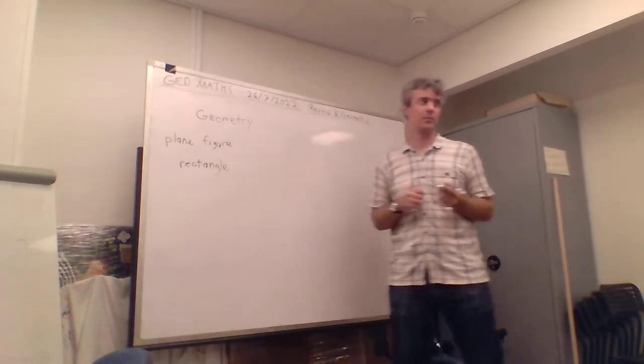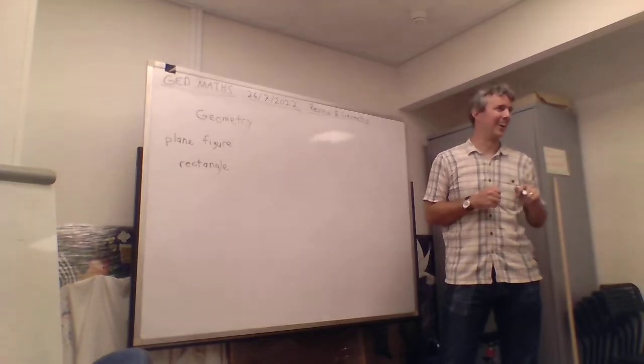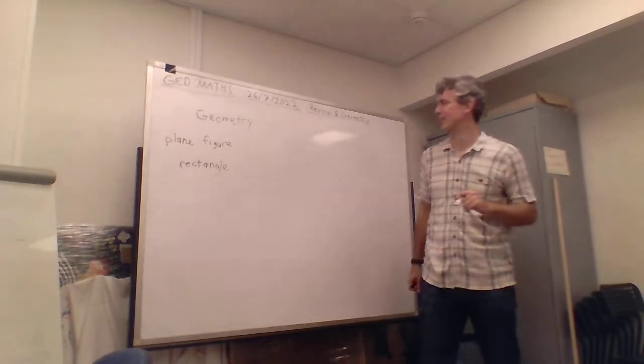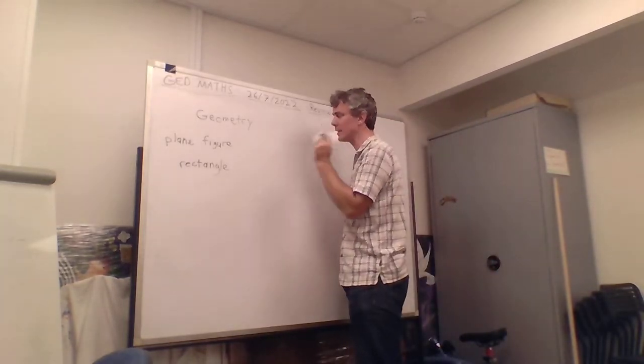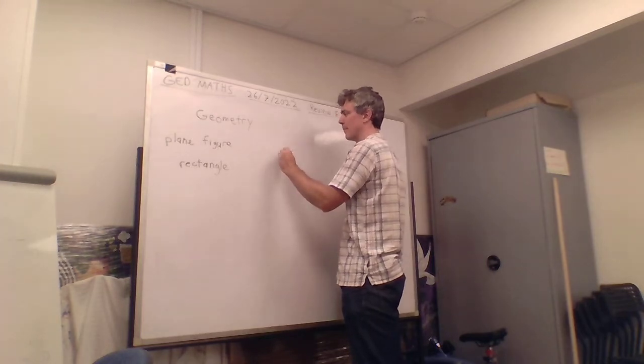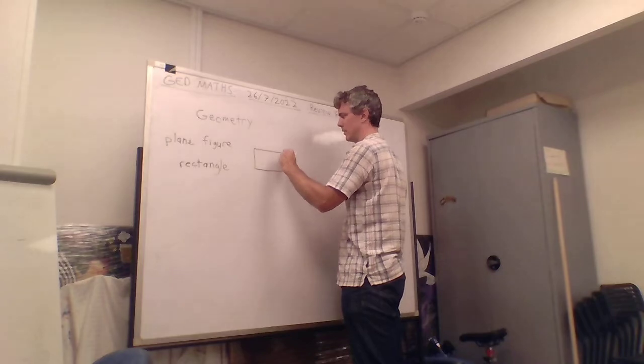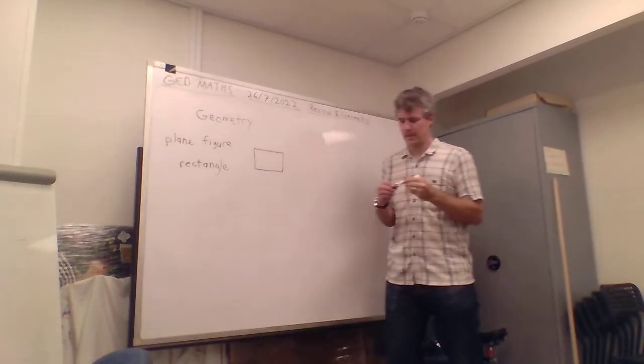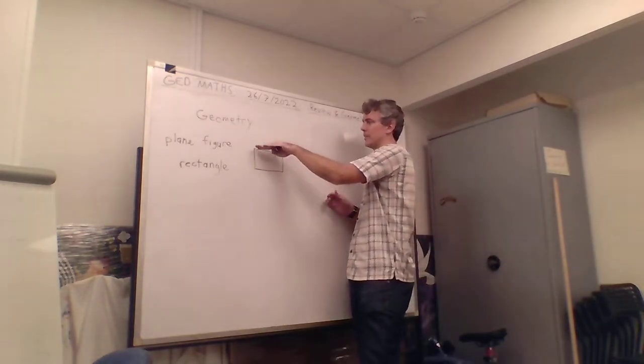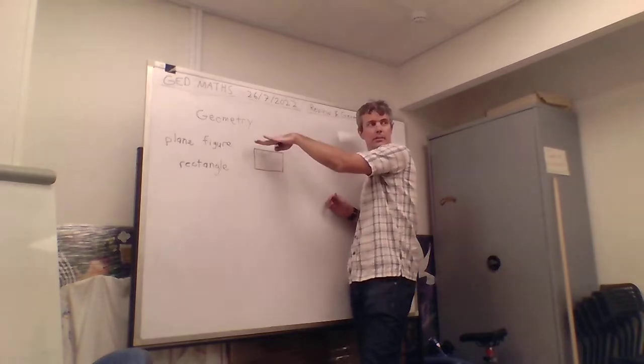And some of these are things you've probably learned quite a little bit before. So a rectangle, the main feature of a rectangle is that it has straight lines, right? And these lines are what we call parallel.